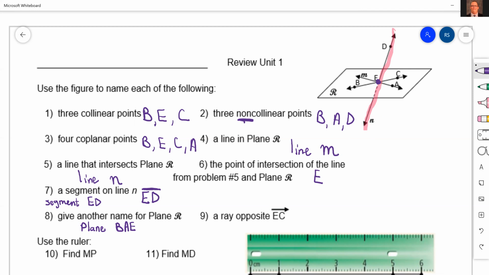Number 9. A ray opposite of EC. So EC goes to the right. We want a ray that goes the opposite direction, so to the left.